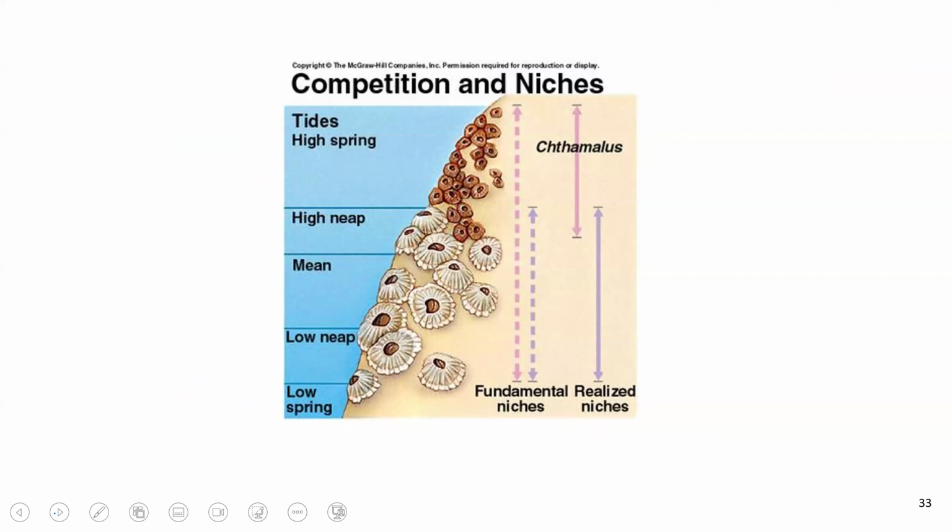So a niche is an area in an ecosystem that an organism lives or is found, and it is affected by competition. So competition is a negative.